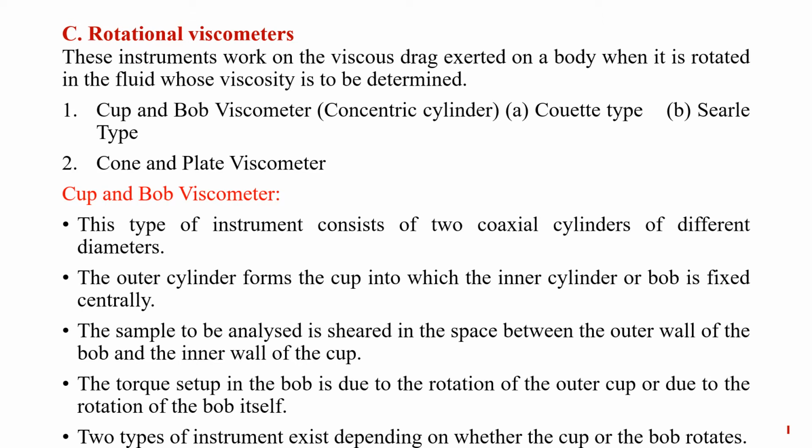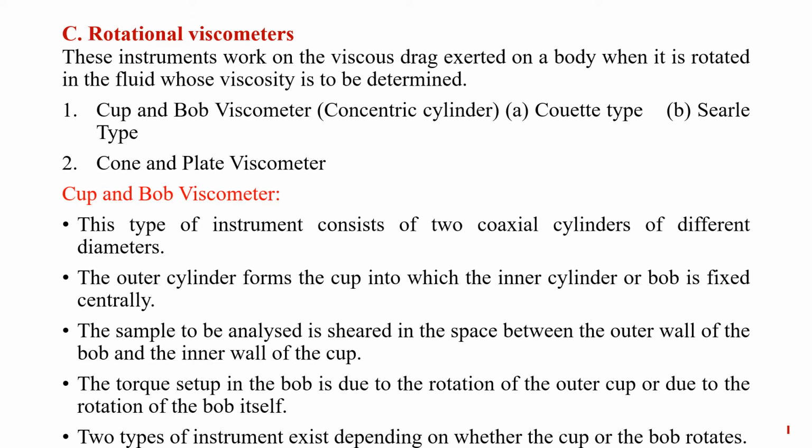In cup and bob instruments, either of these parts will be stationary. It could be the cup. If the cup is stationary, the bob keeps rotating, and if the bob is kept stationary, the cup will be rotating.